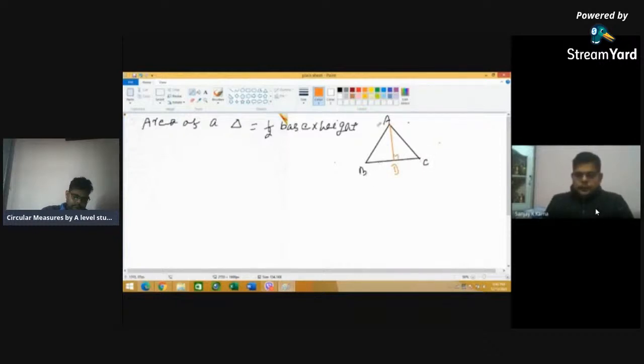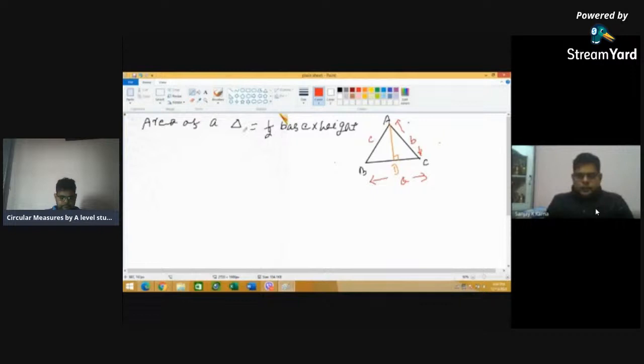In order to name the sides of this triangle, BC is the side opposite to A, so call BC as side a. AC you can call opposite to the angle B, so it is b. And this is opposite to the angle C, so this side you can take as c.